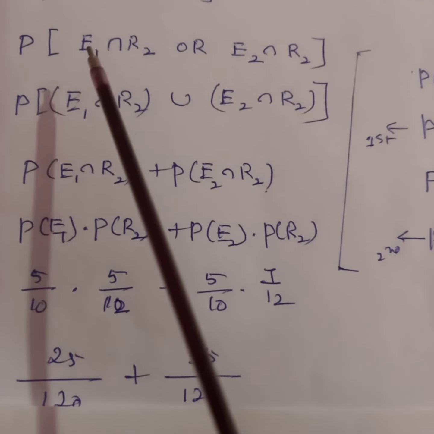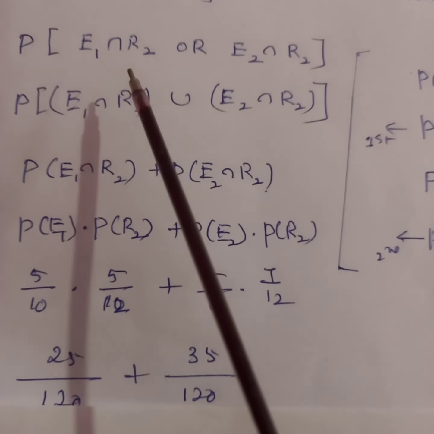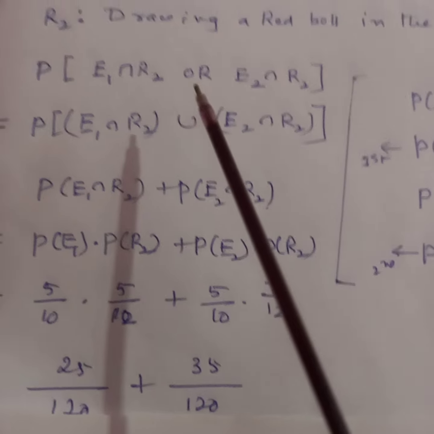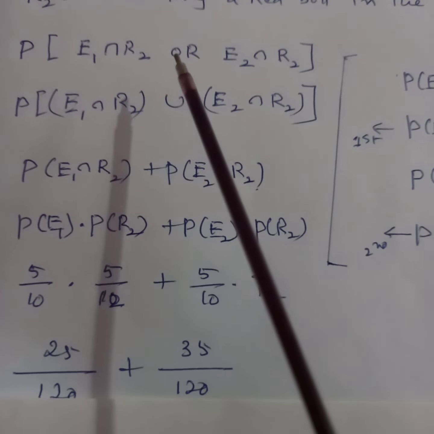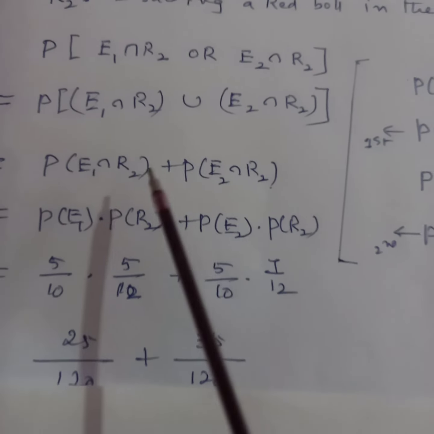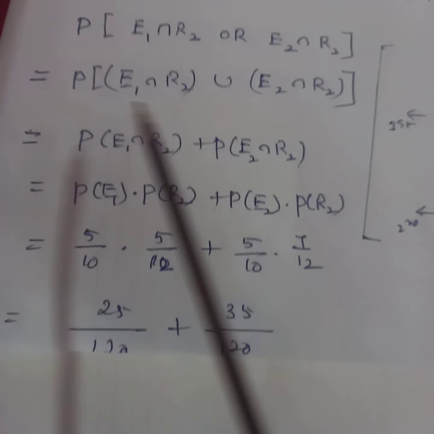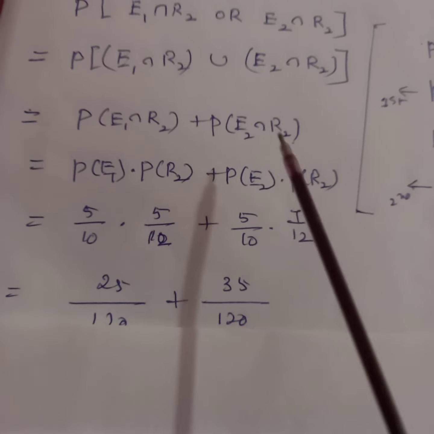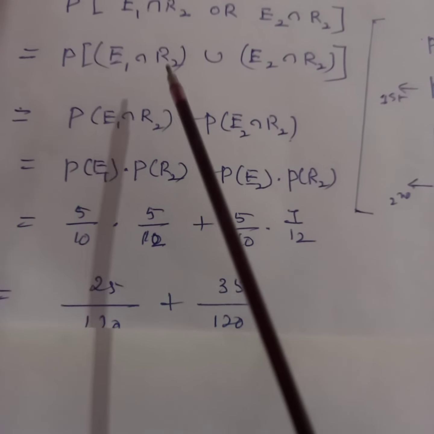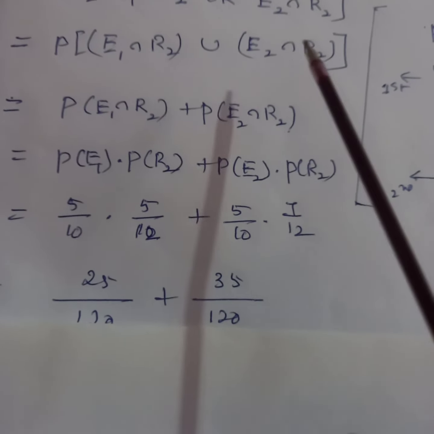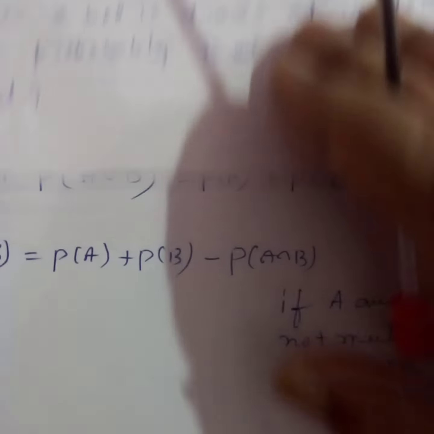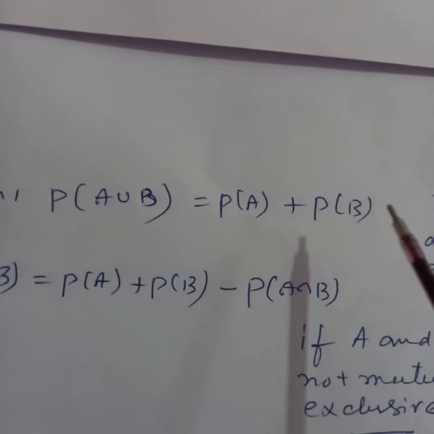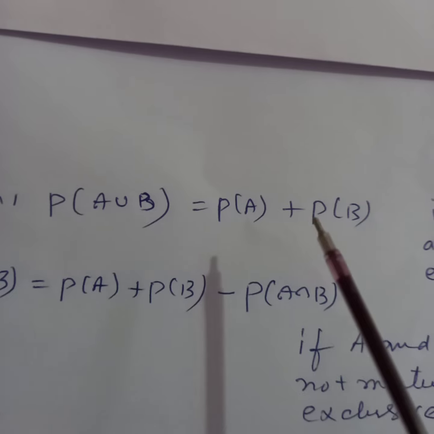The probability of E1 intersection R2 or E2 intersection R2, where in place of or we have put union. In place of A we have this, in place of B we have this. So we have used this formula, P(A union B) is equal to P(A) plus P(B).